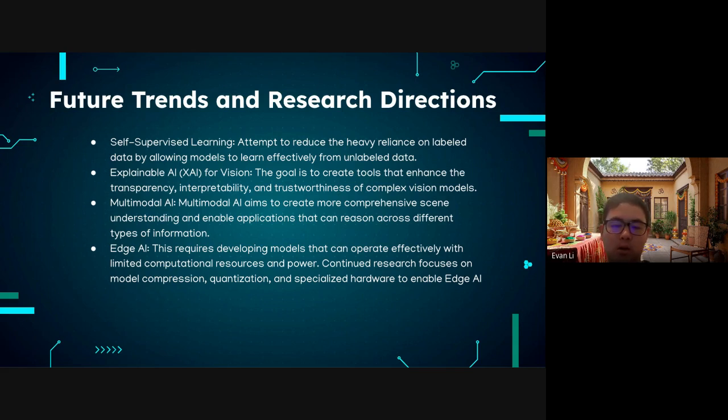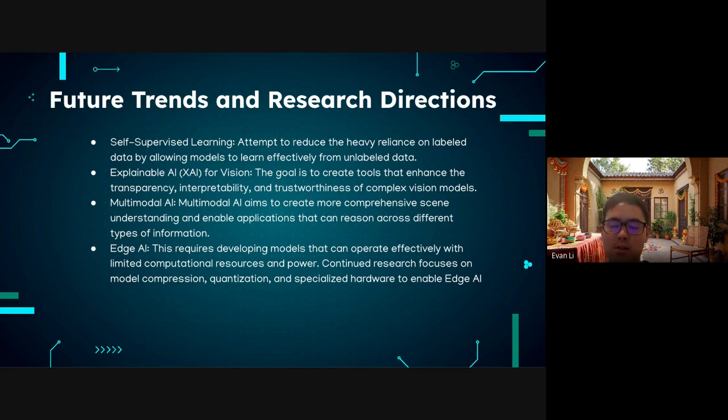Self-supervised learning aims to overcome these limitations by enabling models to learn effectively from vast quantities of unlabeled data. These techniques leverage inherent structures and patterns within unlabeled data to create pretext tasks that the model can learn from, effectively bootstrapping its visual understanding without explicit human annotations.